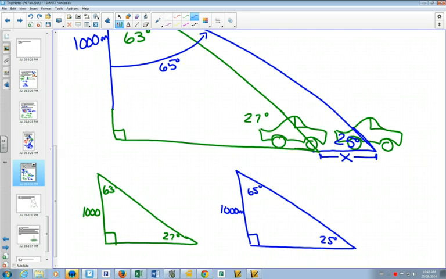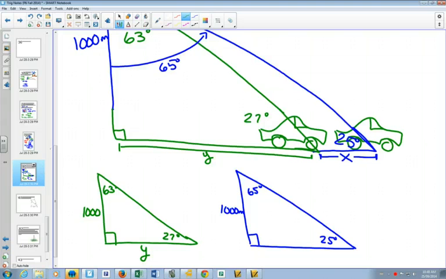All right, so we'll see if this car is speeding or not, based on those angles. We want to find this x. Can you see in this green triangle, I could call this y. That would be this part right here.